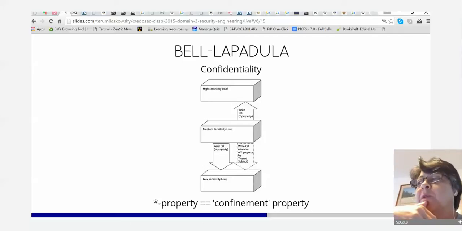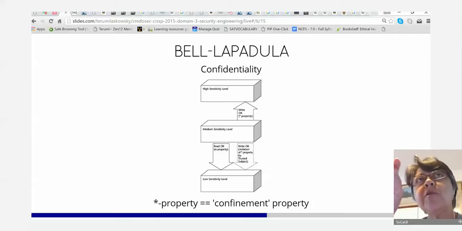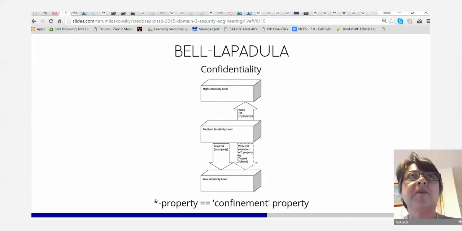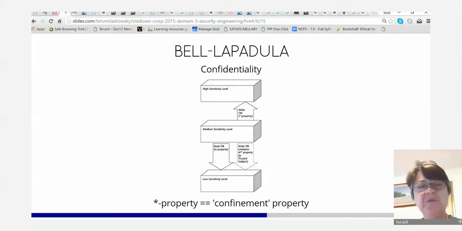Look at the up arrow that says write OK. What that means is that you can provide information from secret up to whoever is top secret. So you can provide information up. Why do you think that is, Terry? Why is that allowed?